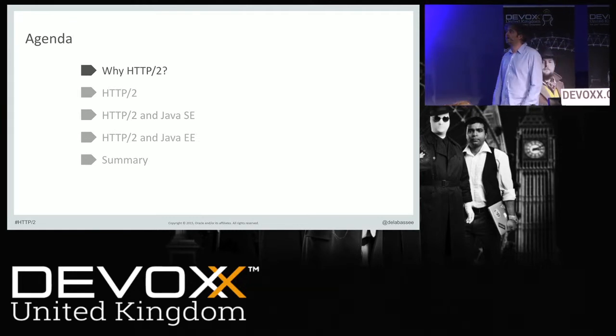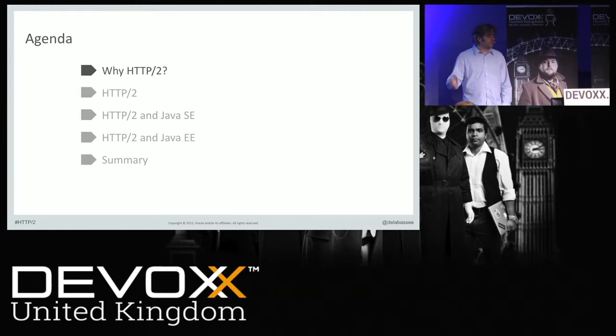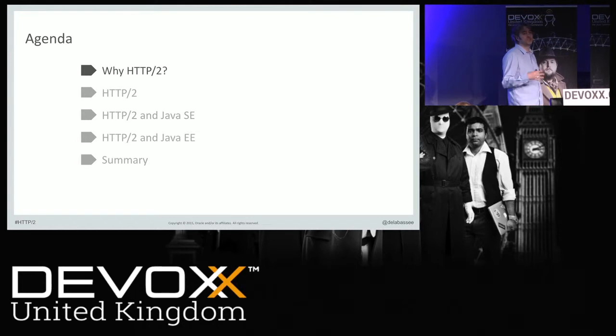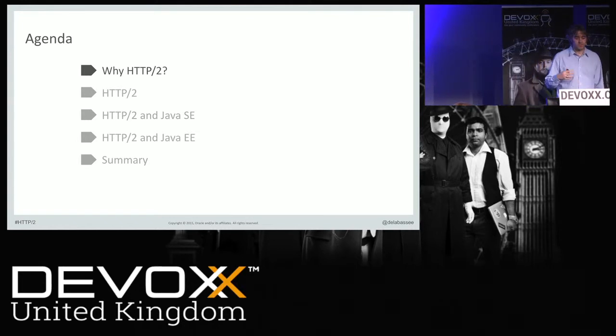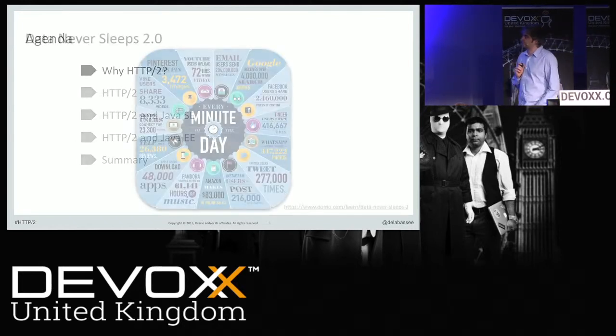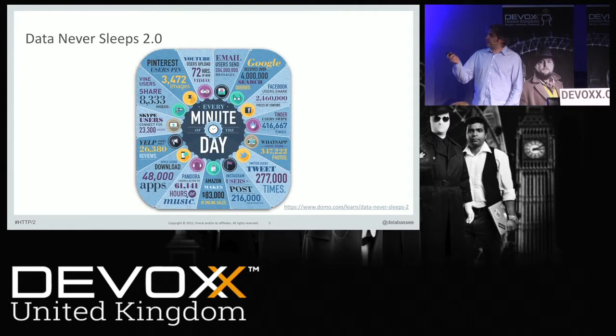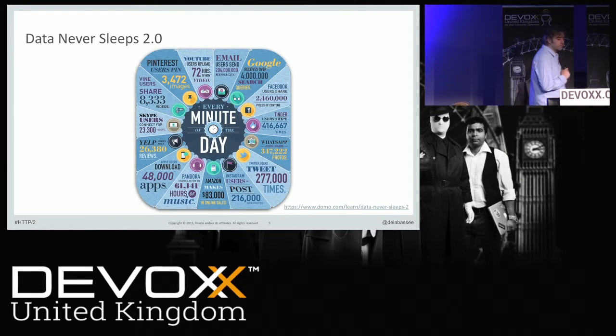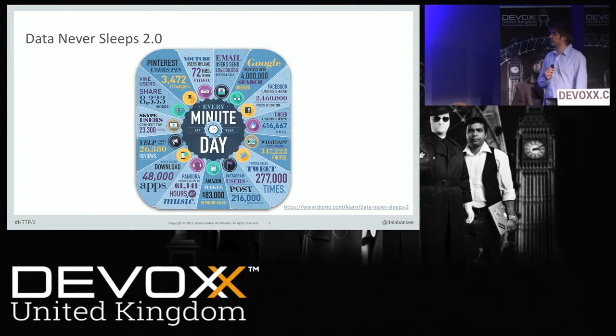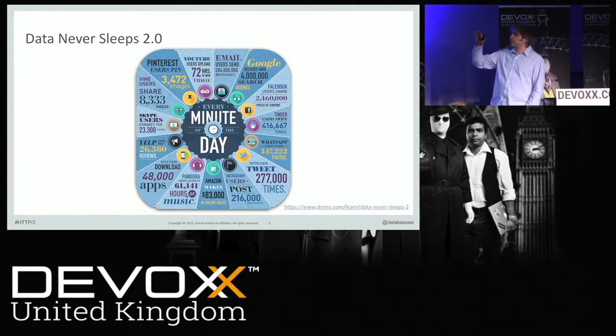So, why HTTP2? Clearly, I could have called this section "issues around HTTP 1.1", because there are quite a few issues with HTTP 1.1. This infographic shows some data around what is happening on the internet every minute.